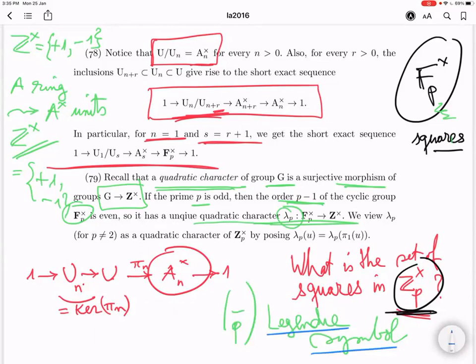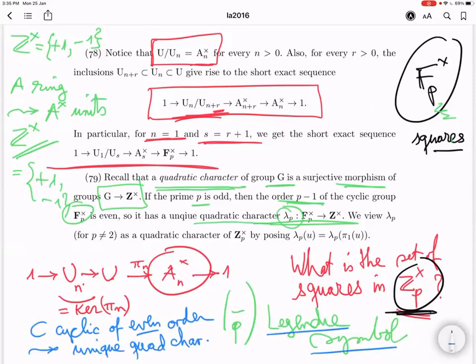Whenever I have a finite cyclic group C of even order, then it has a unique quadratic character. This is from the very definition, more or less.